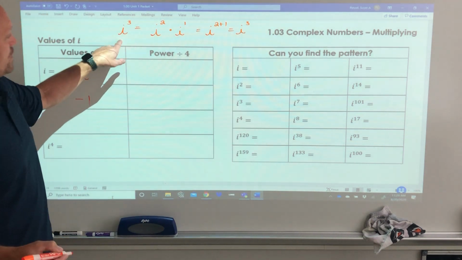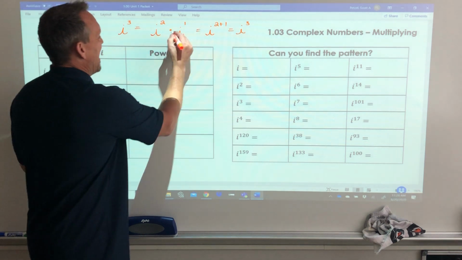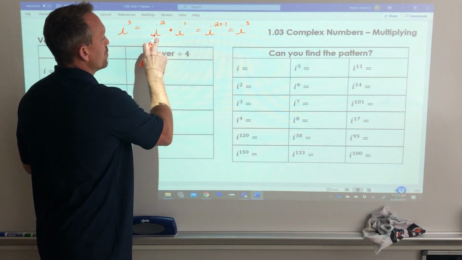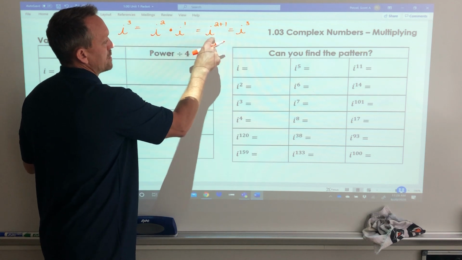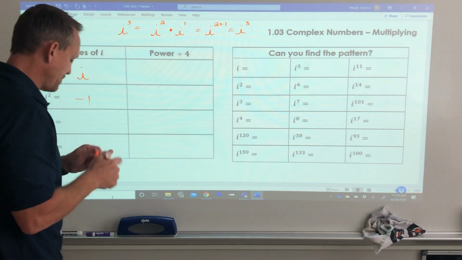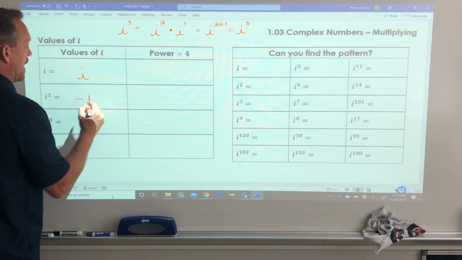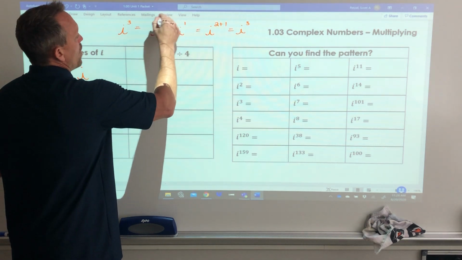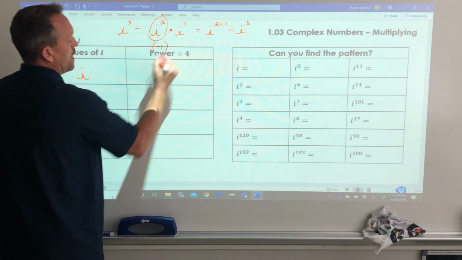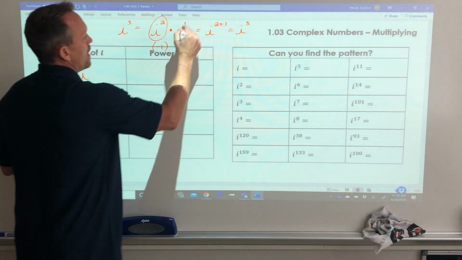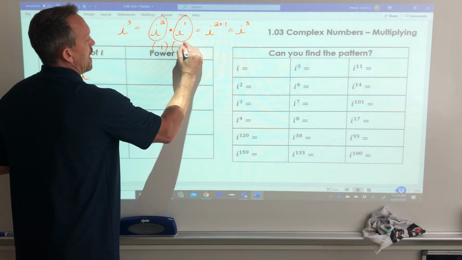That's why i to the 3 is equal to i squared times i to the 1. You multiply like bases, add the exponents. So if we have that, we already know that i squared is equivalent to -1, and we know that i to the 1 is equivalent to i.